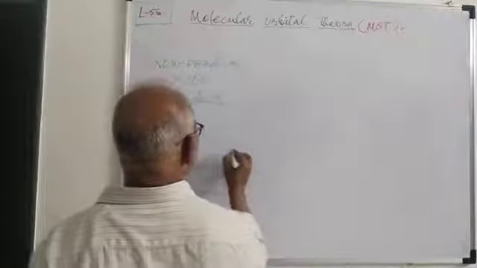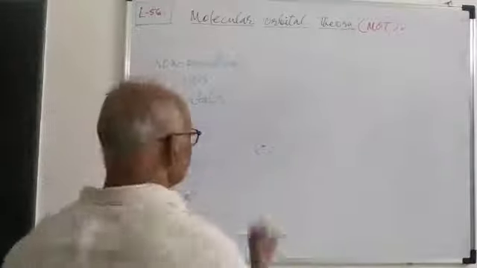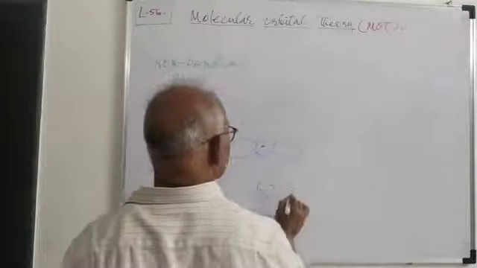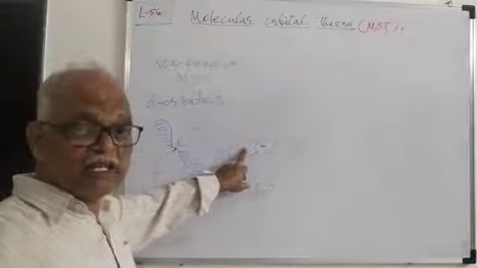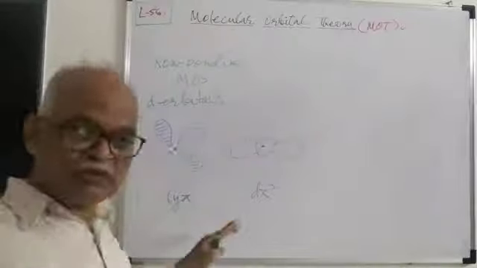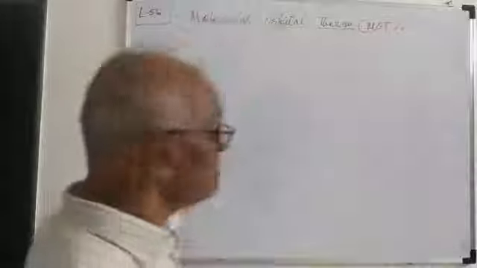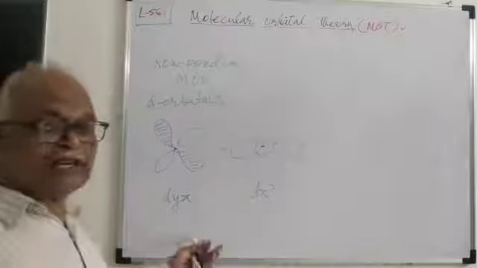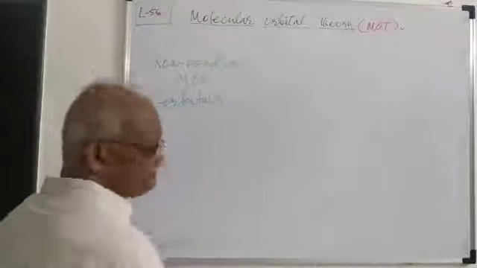Similarly, if we try to undergo linear combination with the dz2 orbital, then also the electron density lies in the direction of the z-axis, but in these lobes there is no electron density in the direction of the z-axis. Therefore there is no appreciable extent of overlap, no linear combination will take place, and there are no resulting bonding or antibonding molecular orbitals. So they are directly transferred to the MO system and called non-bonding molecular orbitals.